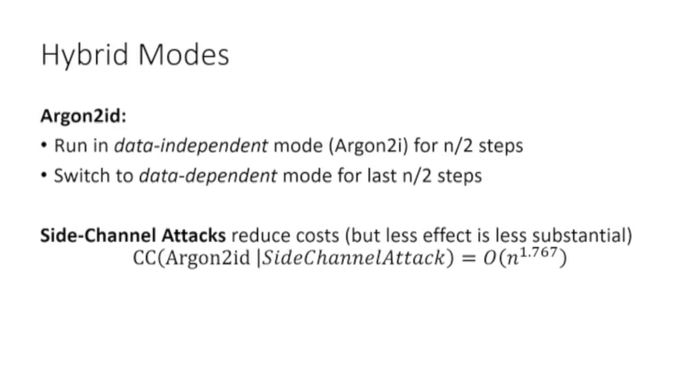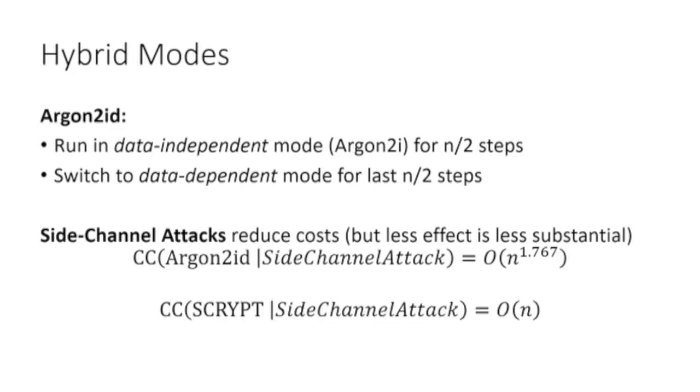So here, if there's a side channel attack, costs reduce, but only to n^1.767, which is a lot better than SCRYPT, right? SCRYPT costs reduce dramatically all the way down to n. So this is nice. It kind of gives you the best of both worlds, and it appears that, without a side channel attack, the cost is still n^2.